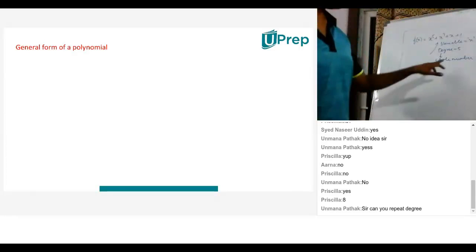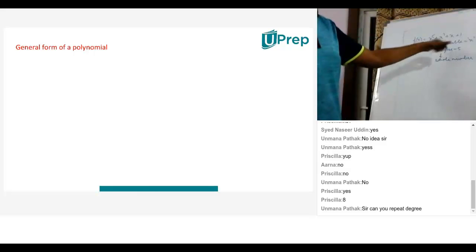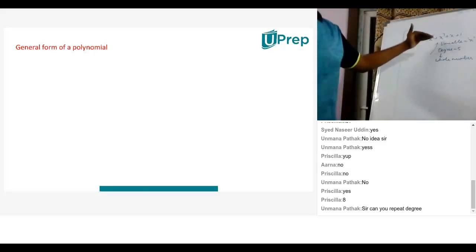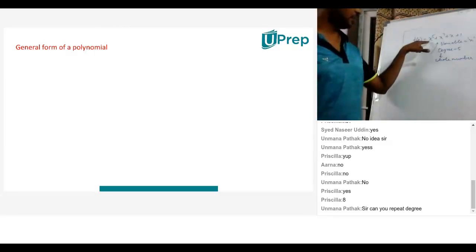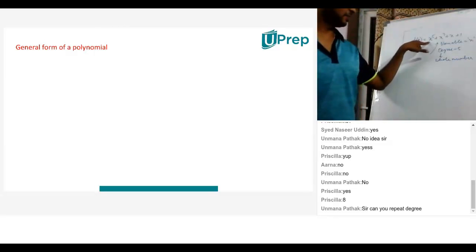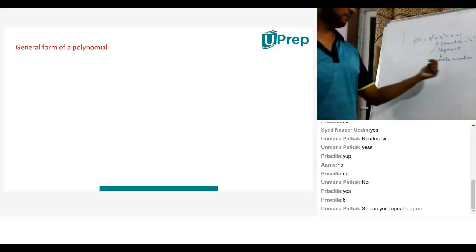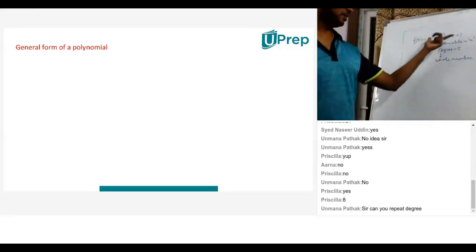Okay. Degree is nothing but the highest power of the variable in the given polynomial. Does everybody agree with me that this is a polynomial? Yes, it is a polynomial, right? And now I am having the highest power of the variable as 5. Here the variable is x. Its highest power is 5. Therefore, my degree in this case is 5.